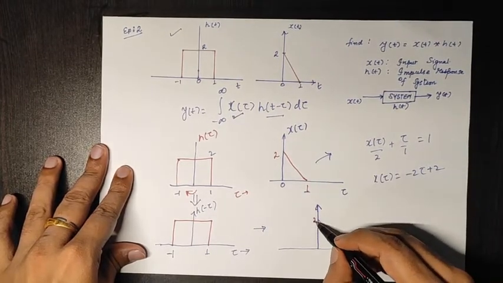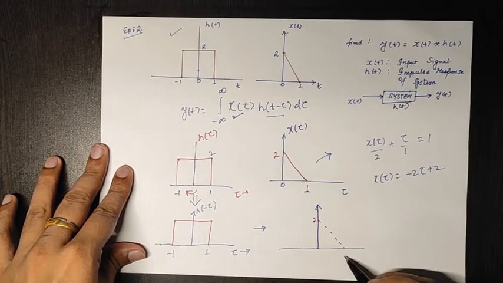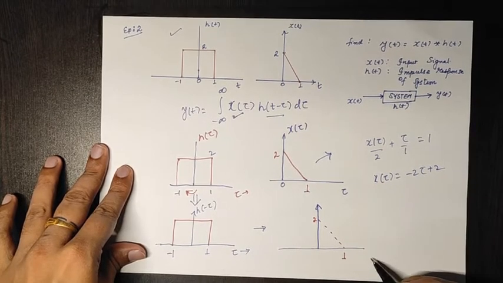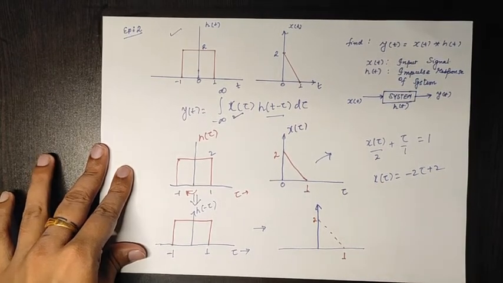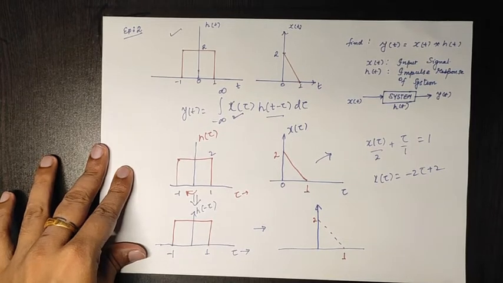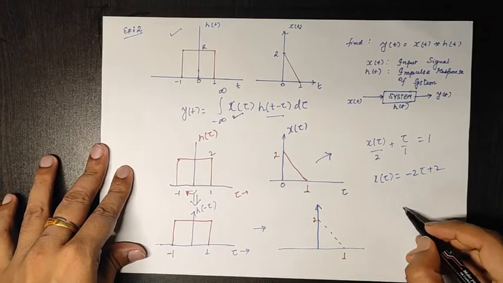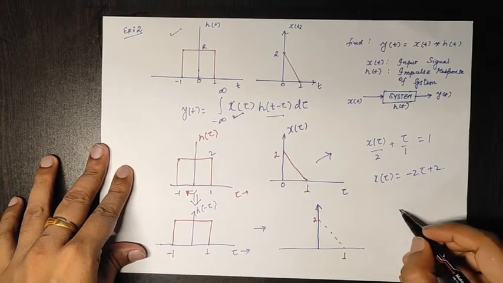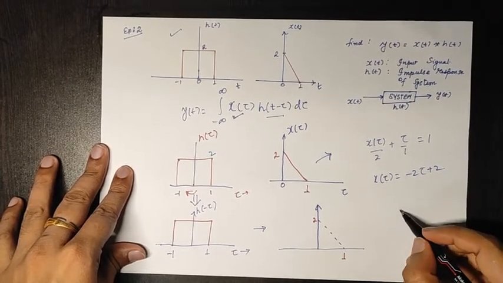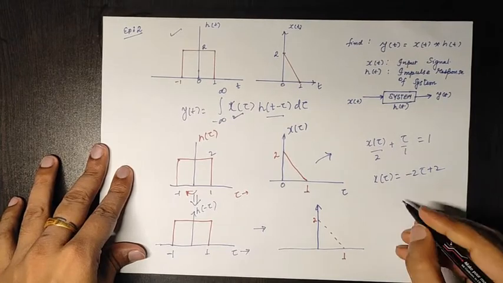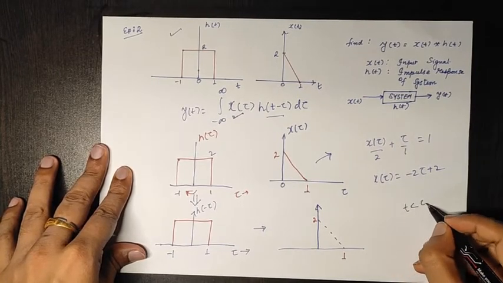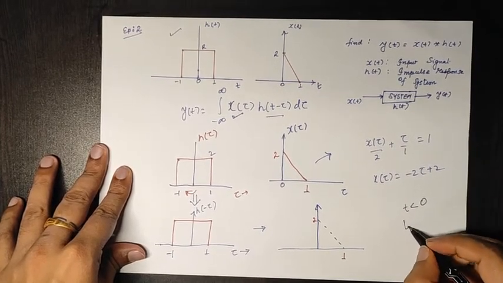X of tau will remain as it is because there is no shifting in x of tau. Let us take two conditions for shifting. As we discussed in the earlier question, we will take all values of t less than 0 and all values of t greater than 0.